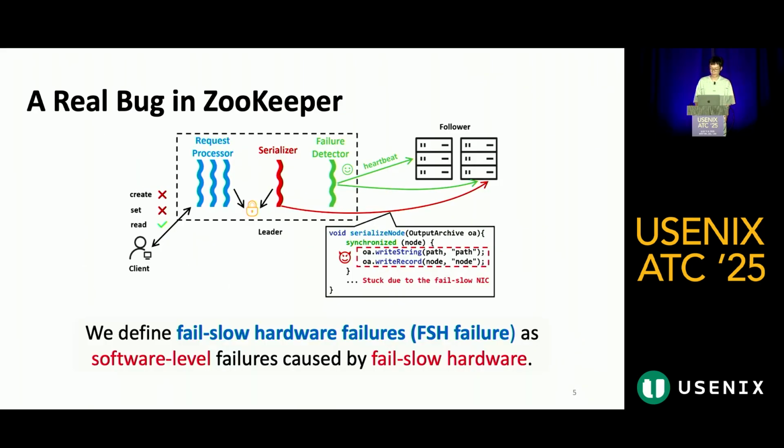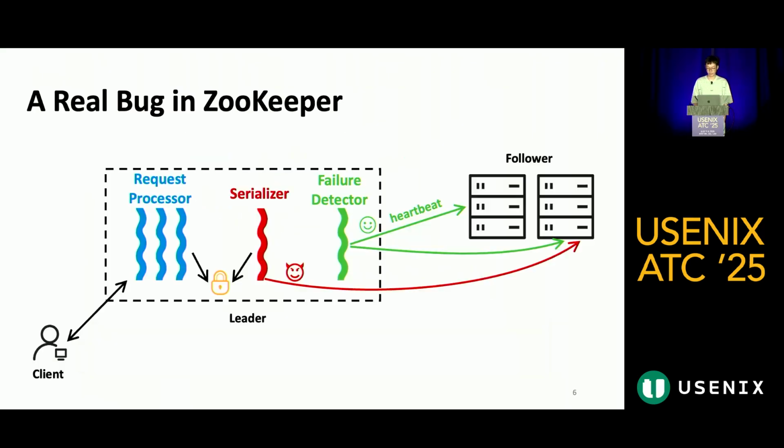In this talk, we define a fail-slow hardware failure as a software-level failure caused by fail-slow hardware. Let's go back to this example to see what happens if the failure detector is also affected by the fail-slow NIC. If the failure detector is slowed down by the fail-slow NIC, the follower cannot get heartbeats from the leader.